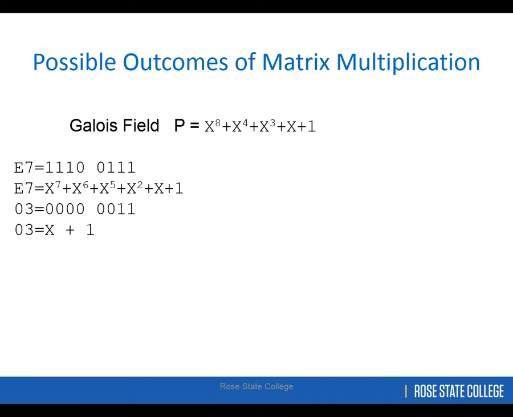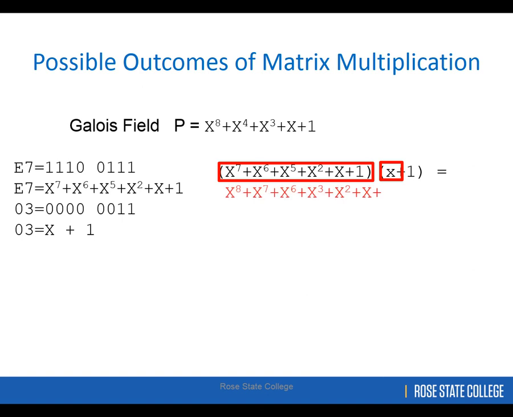Okay with that? So we're going to multiply them together. So we multiply x^7, x^6, x^5, x^2, x and 1 times x, and we get that. Plus that times that, we get it all again.